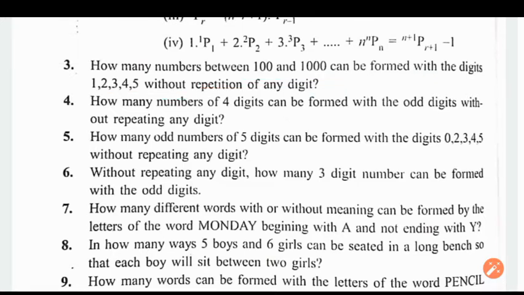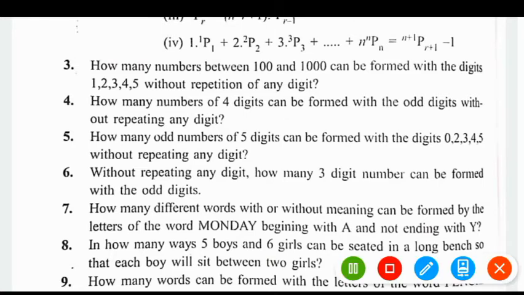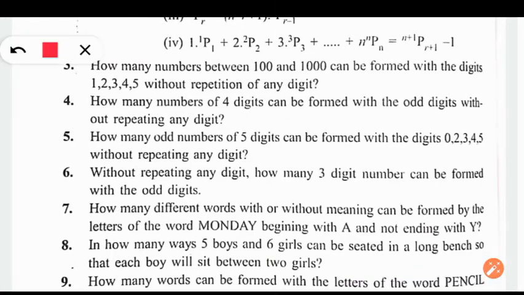Right. Now in such type of question, first you need to know how many digits the numbers which are required to be formed will consist of. Obviously any number between 100 and 1000 will consist of 3 digits. It will be a 3 digit number. So it is clear, right?